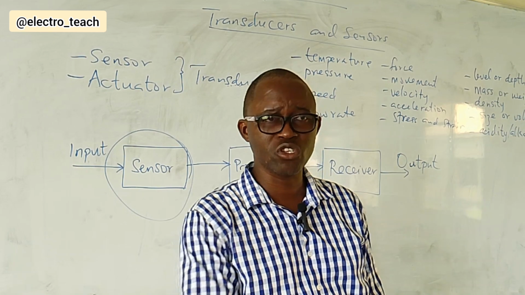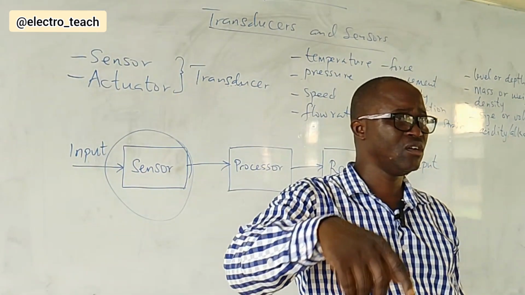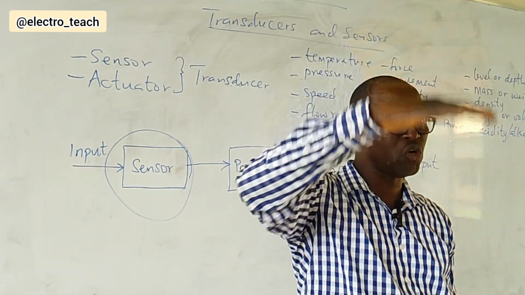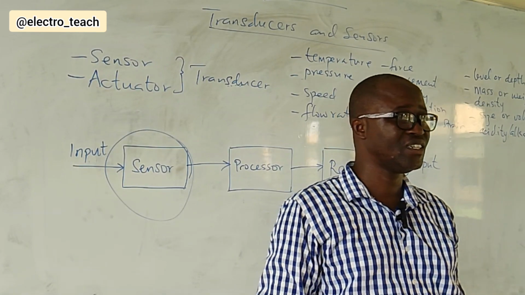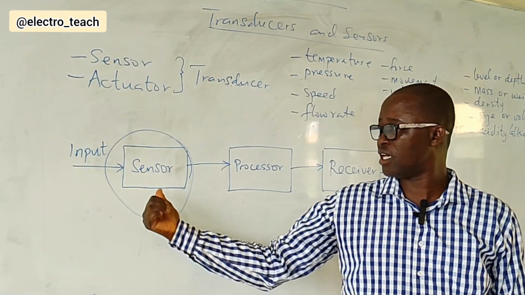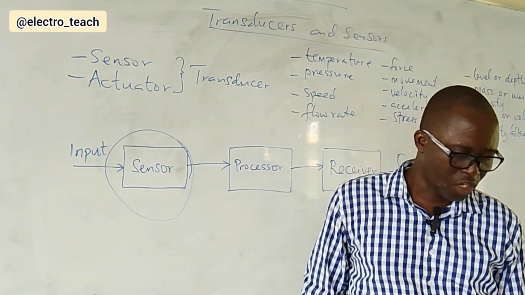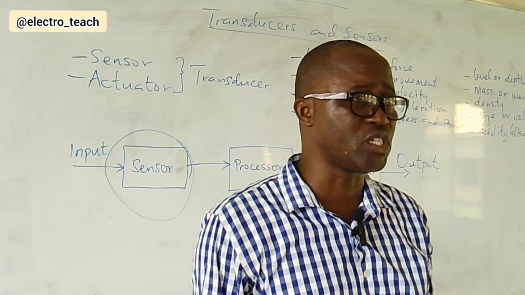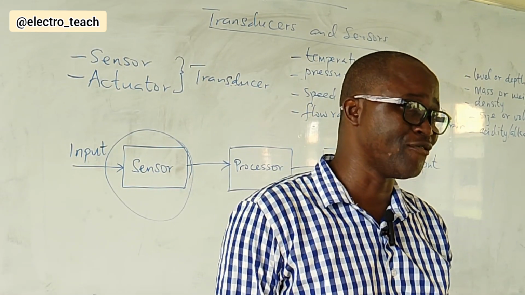In your previous study also, we have learned about level measurements. We talked about capacitive transducer that measures level, float transducer, and so on. You remember those ones? Yes. They are the basic parts of sensors. Now if you want to measure hotness or coldness of a body, you can use the thermostat. A thermostat can actually be a switch.